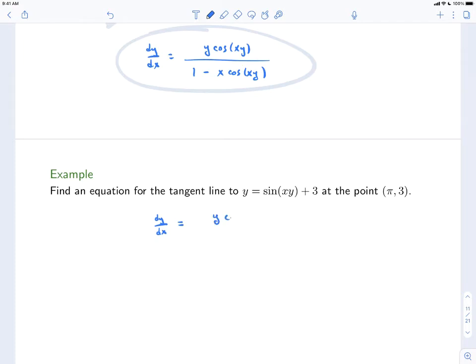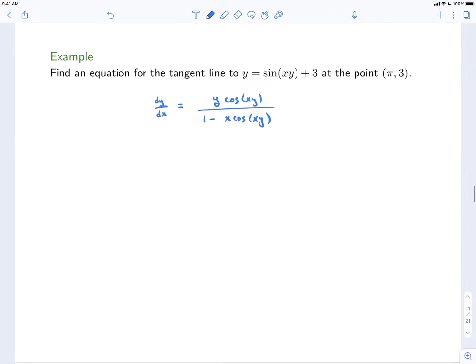So this will be y cosine xy divided by 1 minus x cosine xy. So we want to use this formula. This is the formula for the slope of the tangent line at the point x comma y.